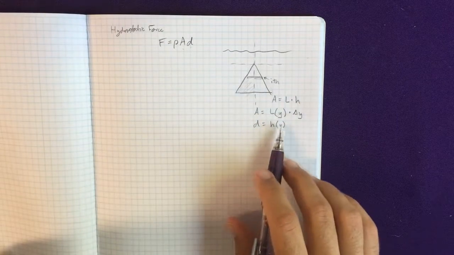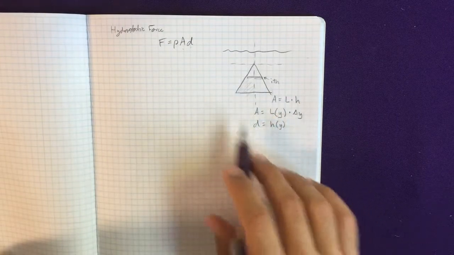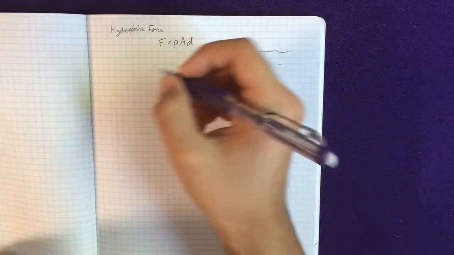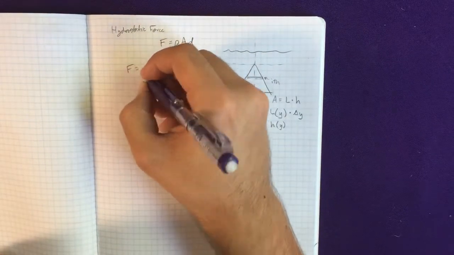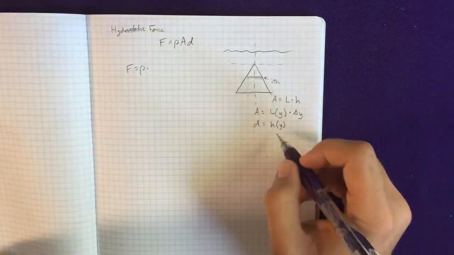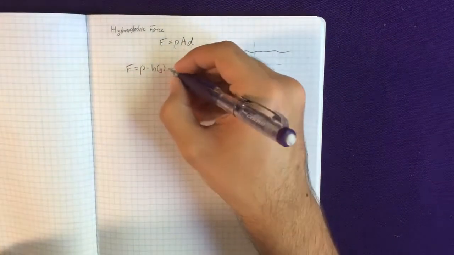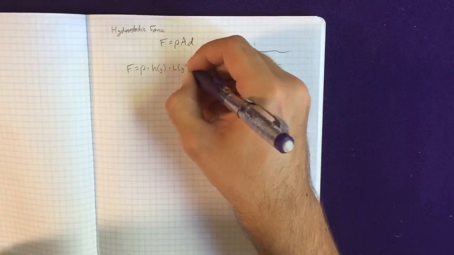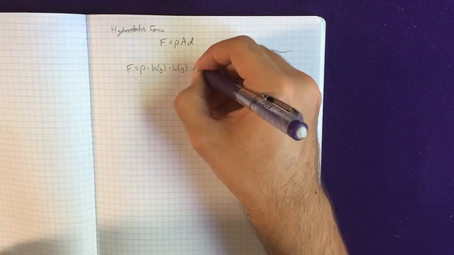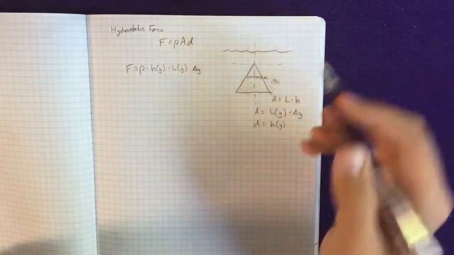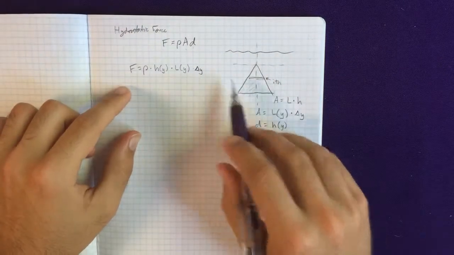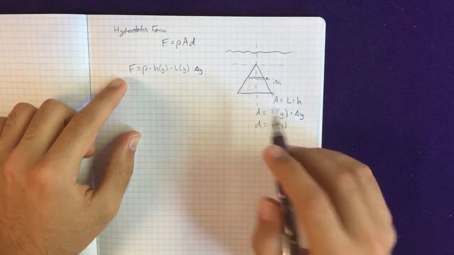Now we can substitute these into our force equation. Force equals rho times h in terms of y times L in terms of y times delta y. This is the force of just one of our representative rectangles.